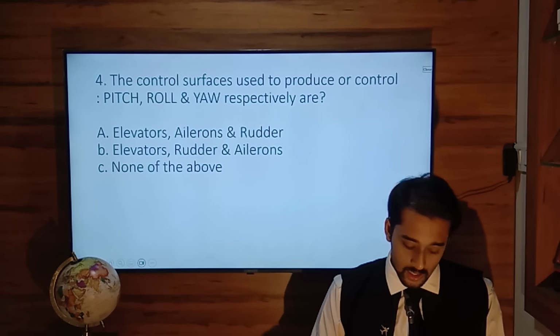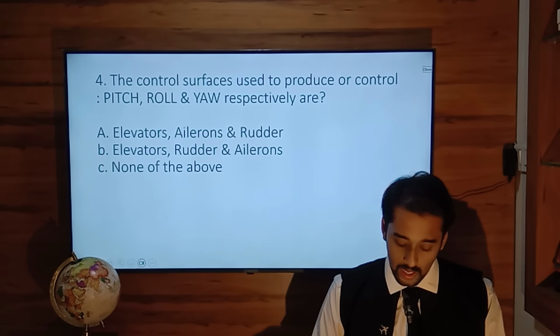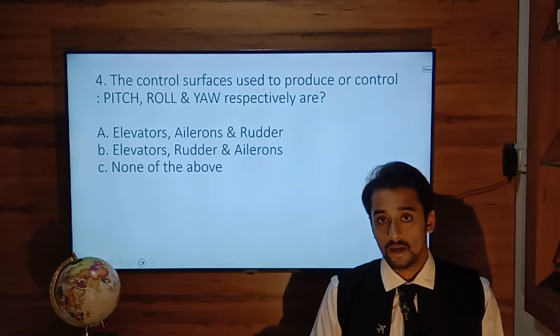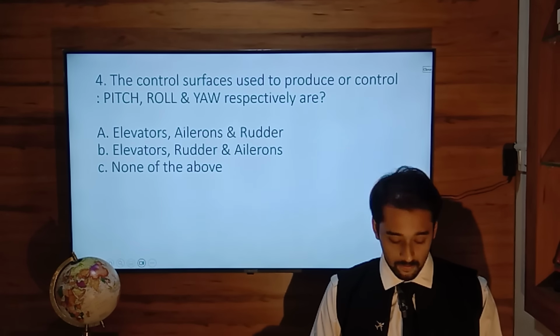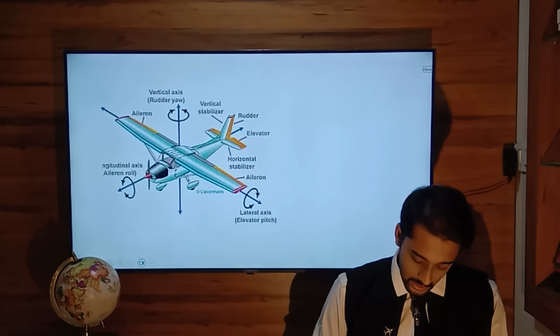Next, question 4. The control surfaces used to produce or control pitch, roll and yaw respectively are what? Pitch, roll and yaw. Now what is pitch?